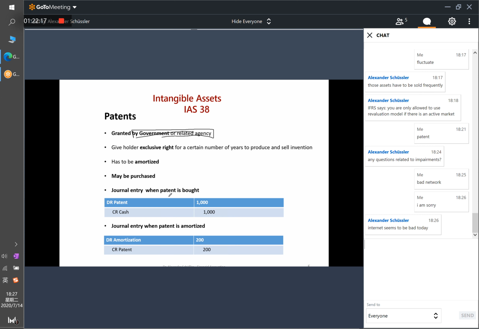This is the related entry. You debit your patent and you credit cash. So asset goes up and asset goes down.